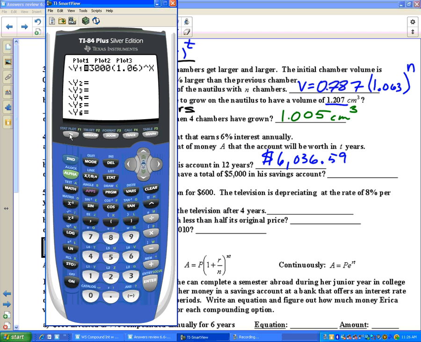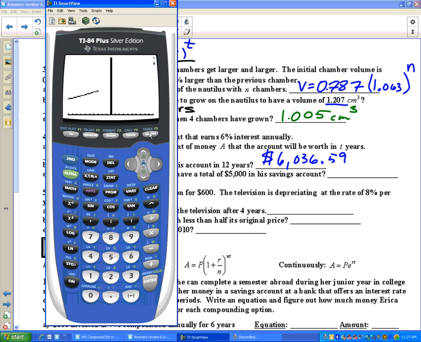I'm going to go to y equals, and I want to have $5,000, so I'm going to put that in y2. I'm going to make my y's go past $5,000, so I'm going to make it 6,000, not 60,000, 6,000. I know it's somewhere between 7 and 8, so my x max of 10 is fine.